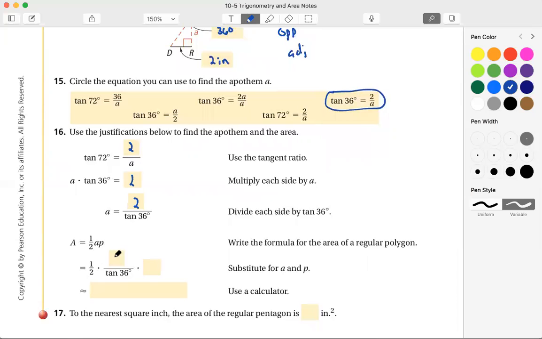Plugging that into the formula, 1/2 times 2 over tangent of 36 degrees times 20, and then using a calculator, we get 27.52763841, and then we get approximately 28 inches squared. And that's how we can use trigonometry to find the length of the apothem or a side opposite.